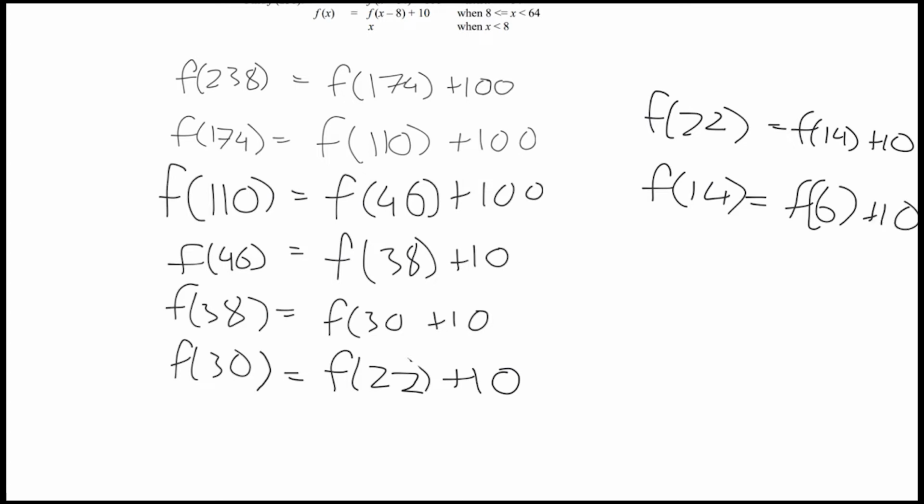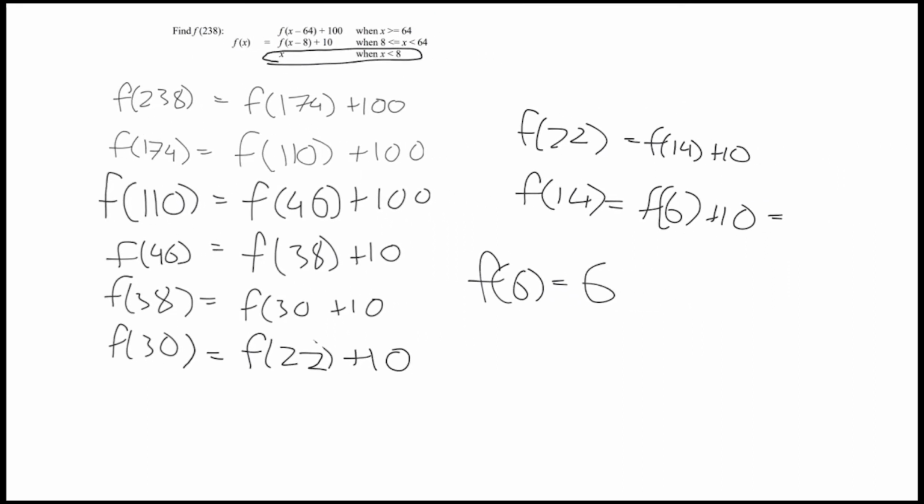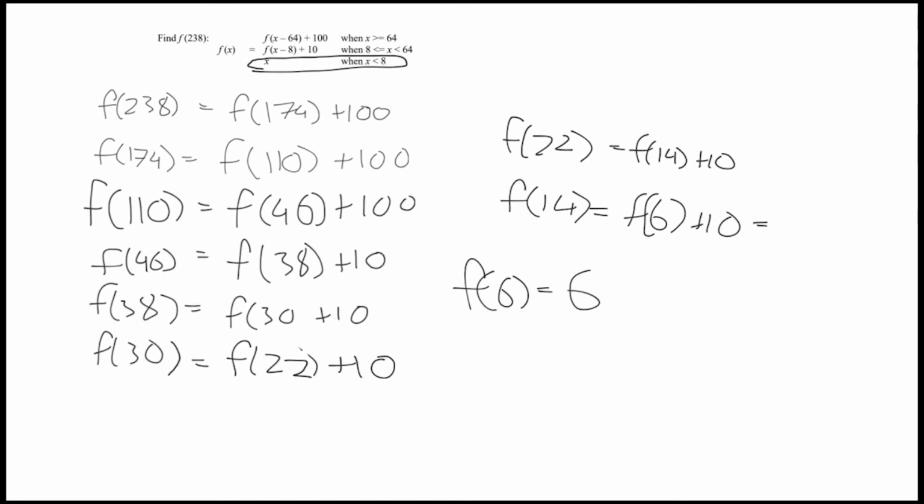Now here, we know that this f of 6 satisfies this base case, because x in this case is less than 8. So we know that f of 6 is just going to be 6 simply. And we can plug this in to the equation here, so we get f of 14 is actually equal to 16.